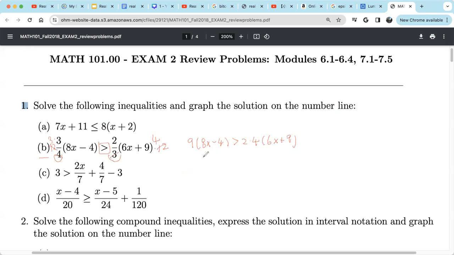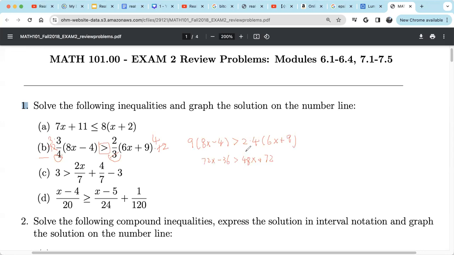So 9 times 8, 72x. 9 times 4, 36. Well, 2 times 4, that's 8. 8 times 6, 48. Then plus 8 times 9, 72. Right? So now we have to move around.